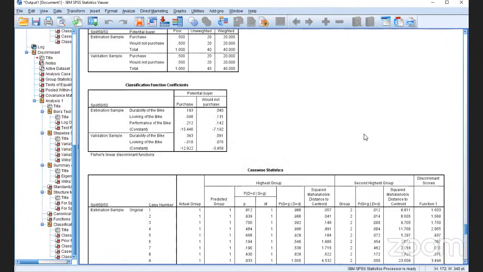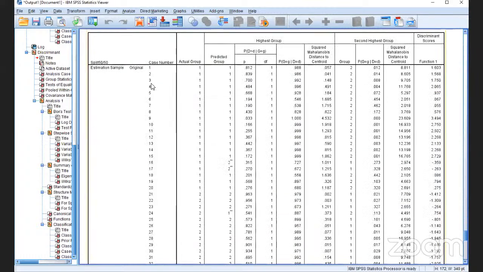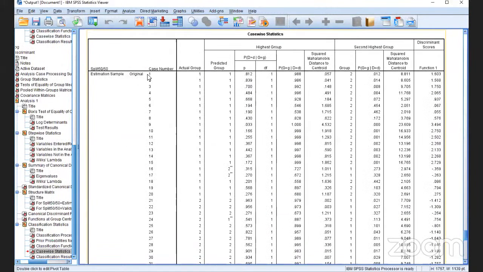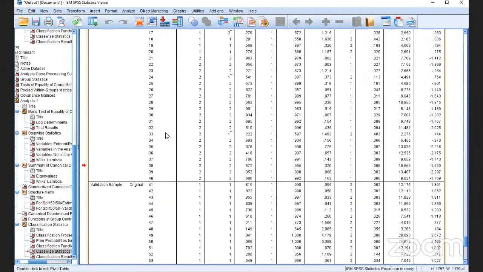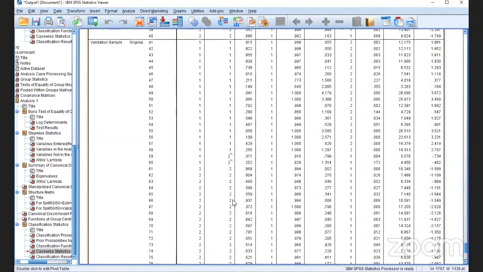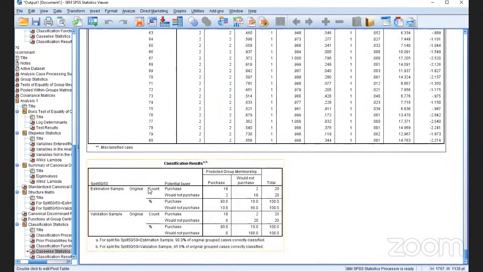So this is the original. You can see here the estimation sample, 40 estimation sample, 40 validation sample. So in this model, the estimation sample has 40 cases and the validation sample has 40 cases. The results are more or less the same.